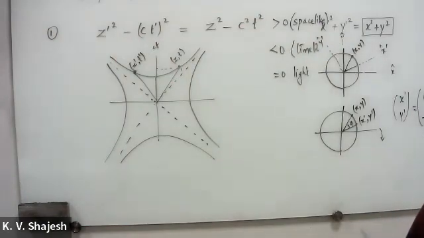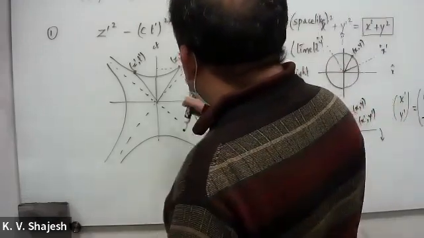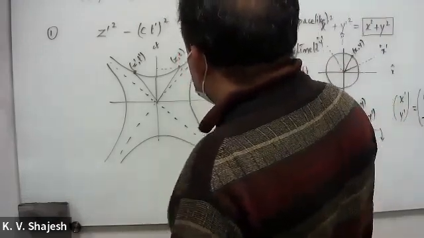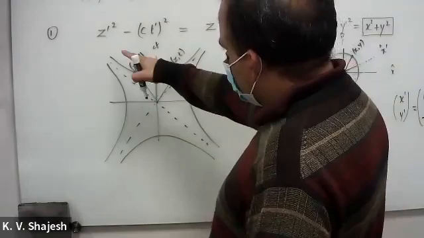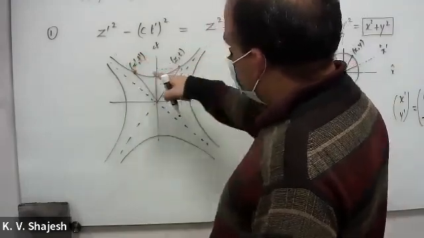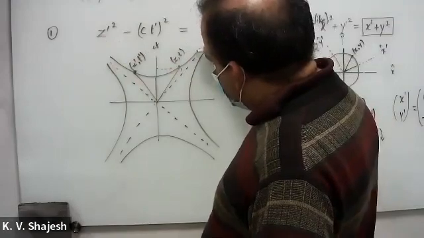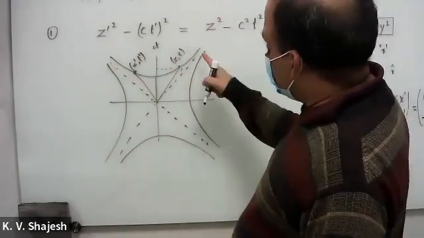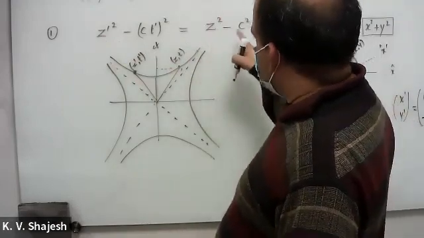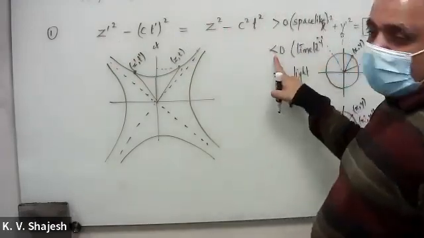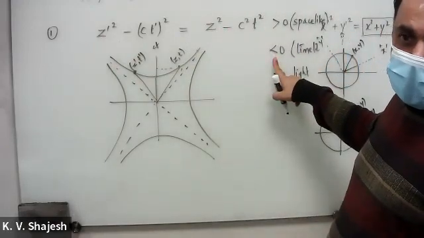So let's be in this. Notice, if you're on this curve to begin with, that means you're time-like. If you're somewhere here, that means that this will be less than 0. It's time-like, it will be less than 0.